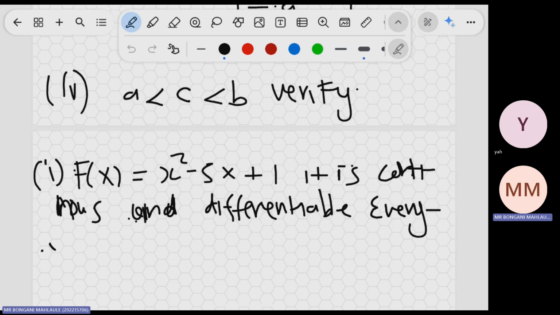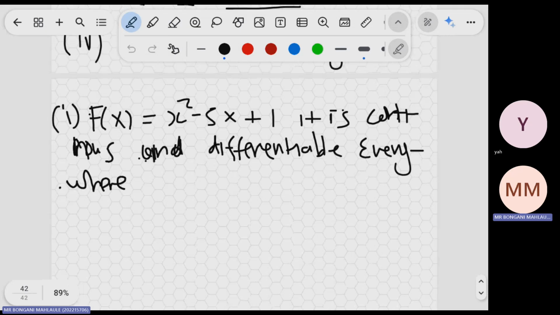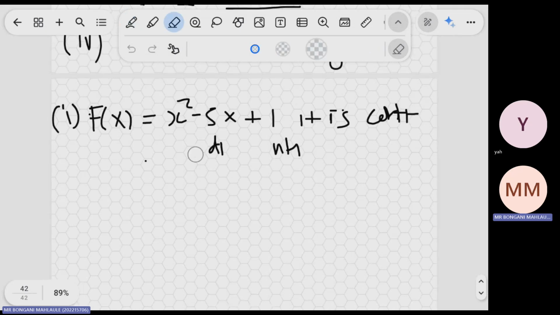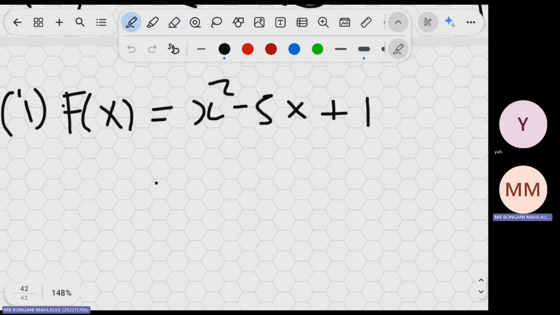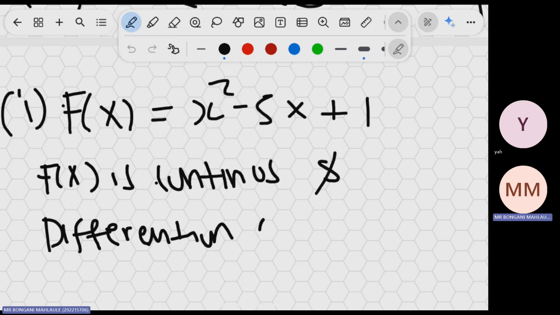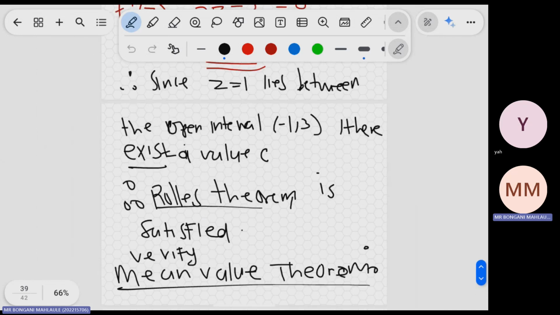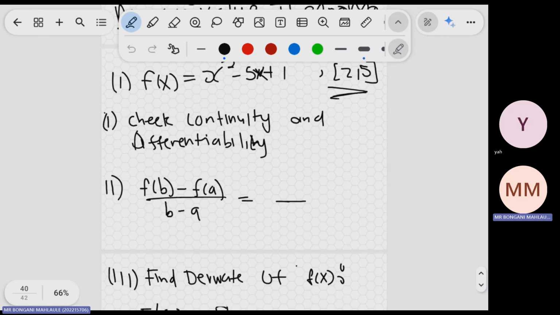So the function f of x is continuous and differentiable on 2 and 5, on that interval that they give us in the question. Remember, you were given this interval 2 and 5.